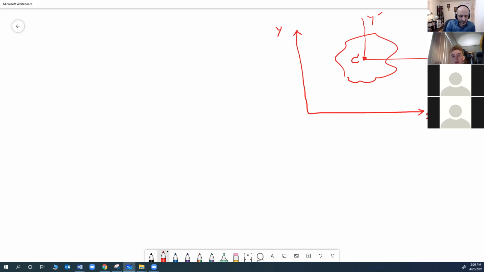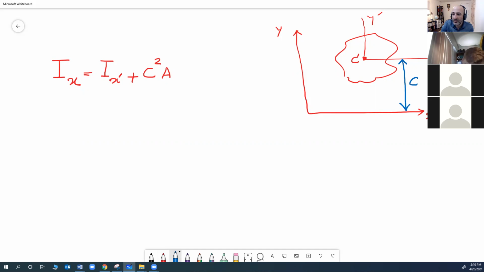If I want to find I about x, I can use I about centroid plus c squared A, where c is the amount of shift or the distance between x prime and x. We usually show this with cy, so I can just add this y here.